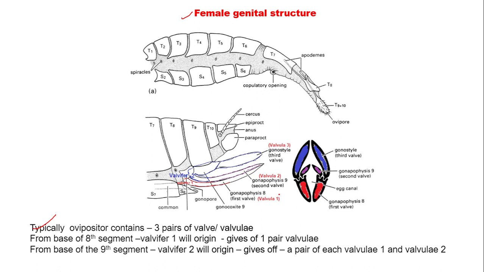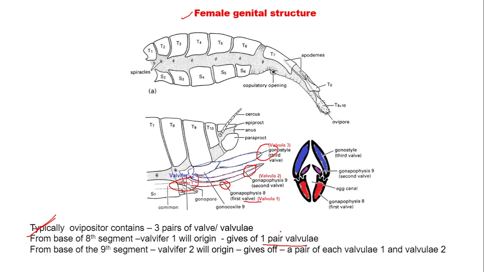See here, this is the first pair of valves, second pair of valves and third pair of valves. Actually, from the base of the 8th segment, valvifer 1 is generated and it gives off a pair of valvulae. That is the first valve.